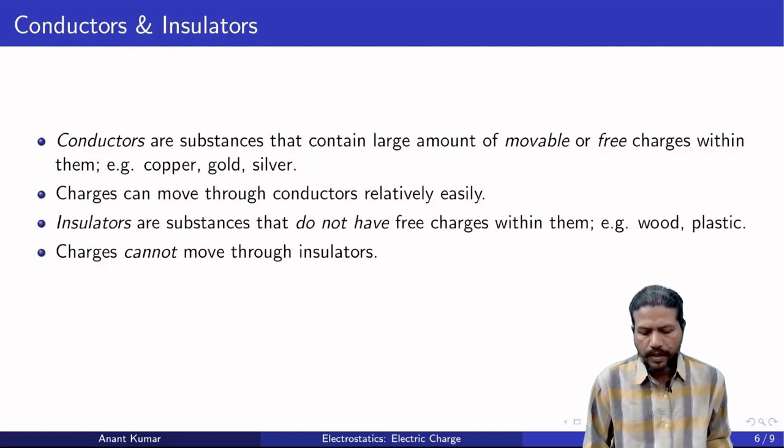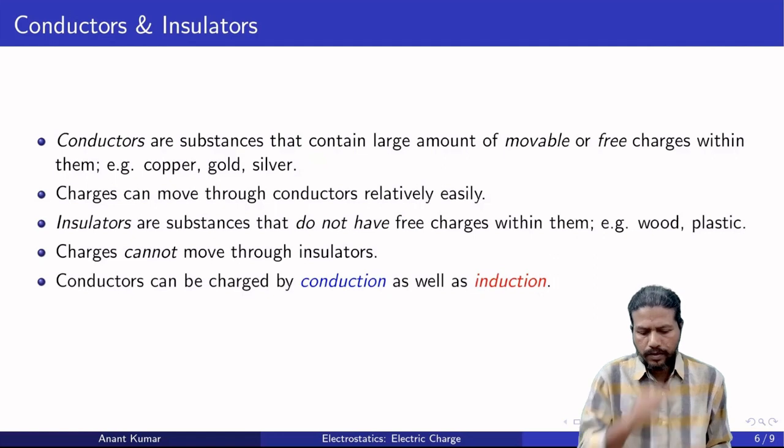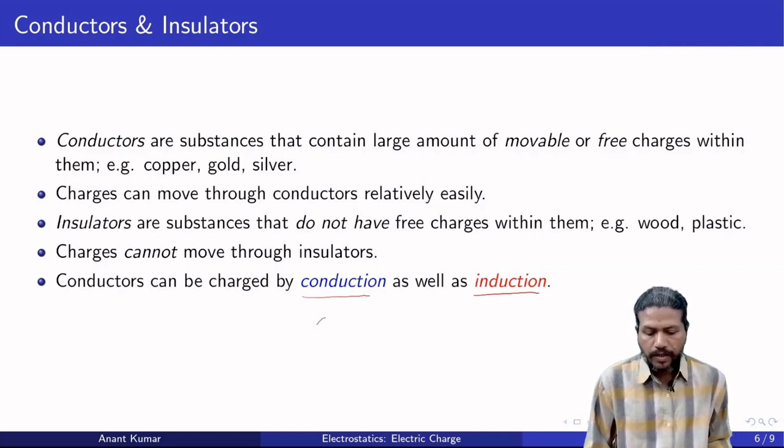Fine. We should notice that conductors can be charged by two methods. One of them is called conduction and the other one called induction. What's the difference between them? Well, in the case of conduction, we can charge a conductor, a metal ball for example, by touching it with an already charged body.